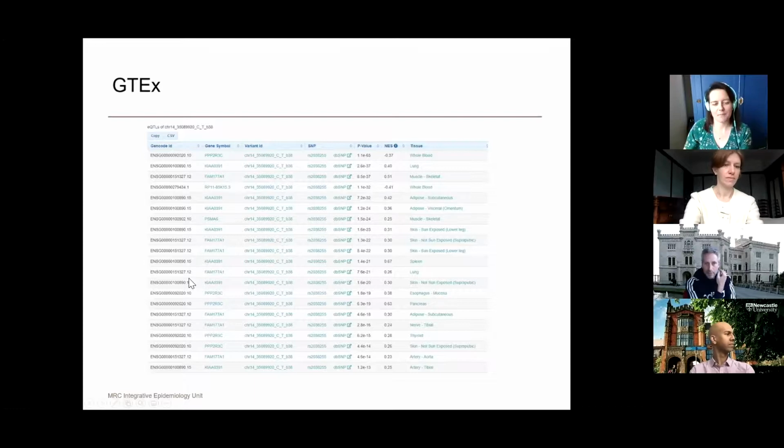If we looked up the top SNP in some eQTL data, in this case GTEx data, we see that this SNP is associated with, I think, 7 different genes in this list, in different tissues or cell types: whole blood, lung, skeletal muscle. Even if we restricted it down to just skin cell types, then I think there are 4 different genes that show association in skin.